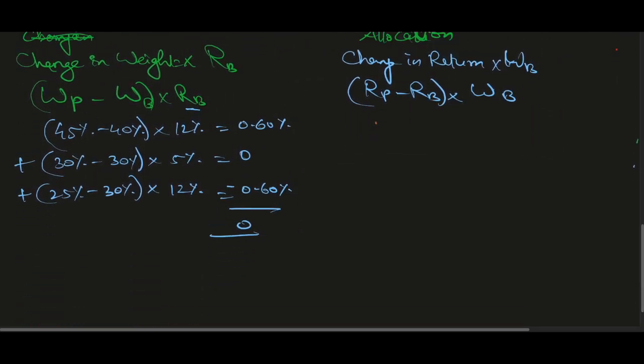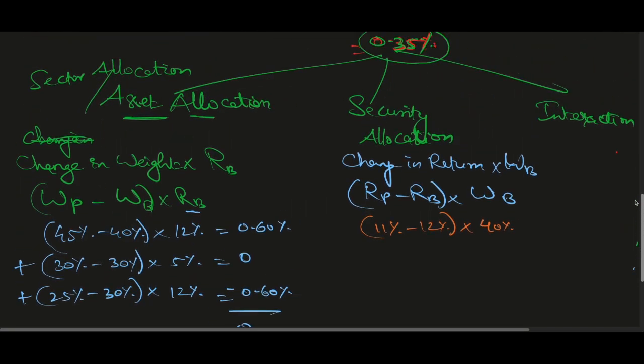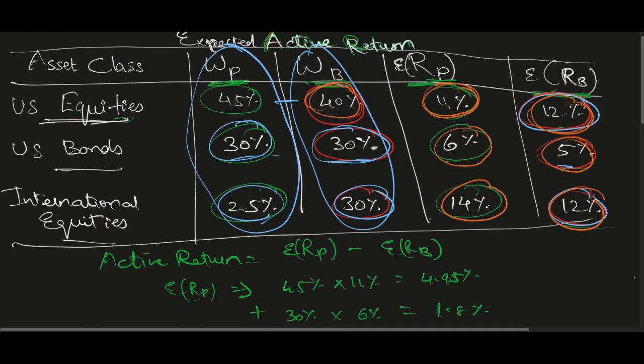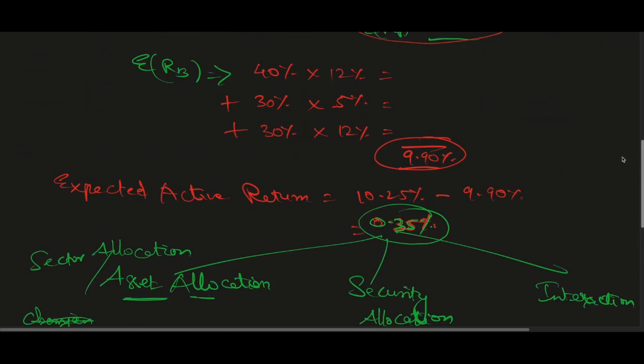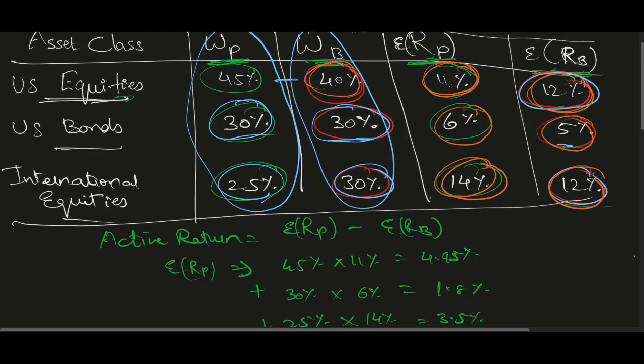11 percentage minus 12 percentage into 40 percentage. Similarly 6 percentage minus 5 percentage into 30 percentage, and then 14 percentage minus 12 percentage into 30 percentage.